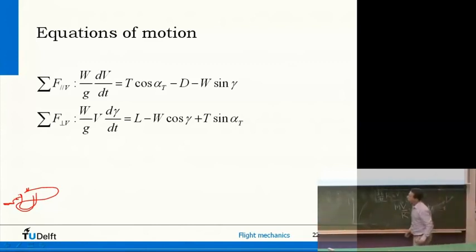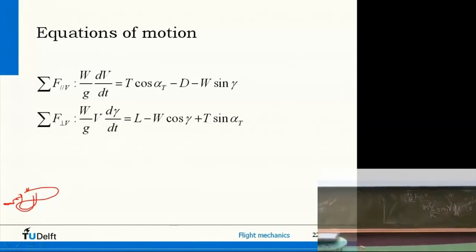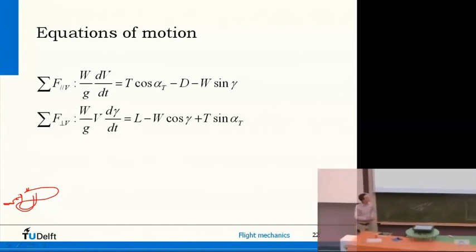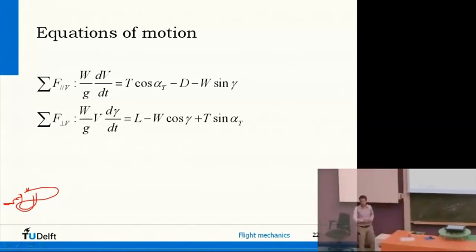So I hope it's a bit clearer, but that's basically what you see on the left hand side in the second equation. So it's the centrifugal acceleration, but the only reason I write it down like this without the radius is because I already have a flight path angle in the equation, so I don't want to add another variable, which is the radius.